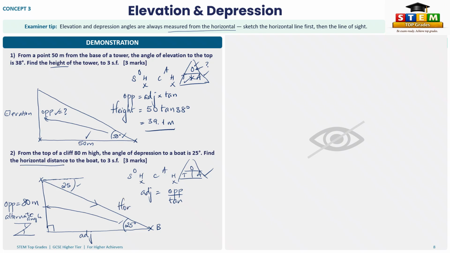So let's write horizontal distance, and that is equal to the opposite, which is 80, divided by tan of 25. That answer is going to be 171.6 meters. So that's the answer for question number 2.